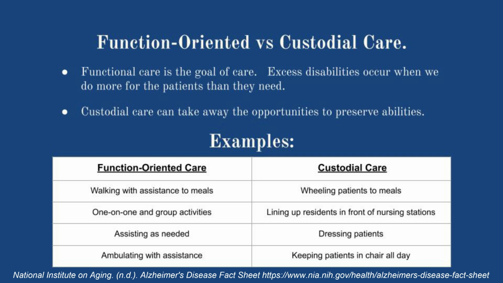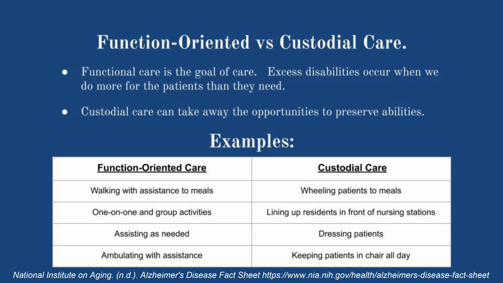Function-oriented care would be walking the patient with assistance to meals. Custodial care is just wheeling the patient in the wheelchair to meals. Function-oriented care would be one-on-one and group activities, so keeping them involved. Custodial care includes lining up the residents in front of nursing stations.